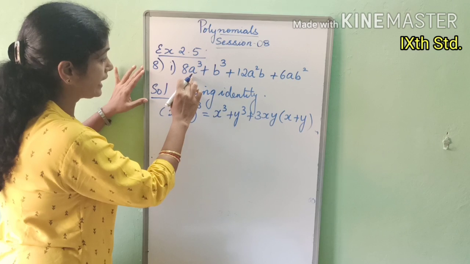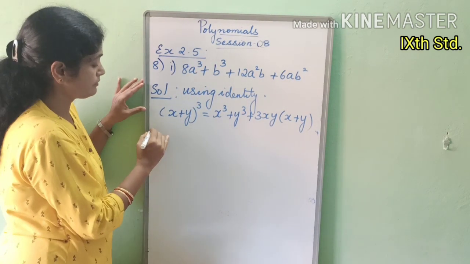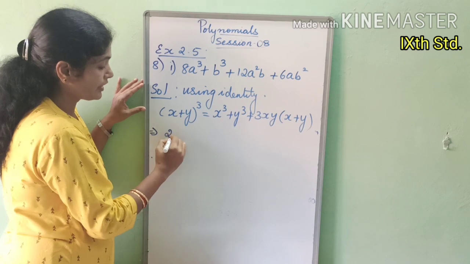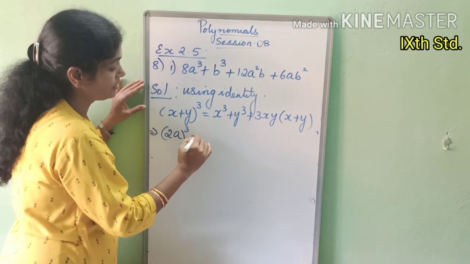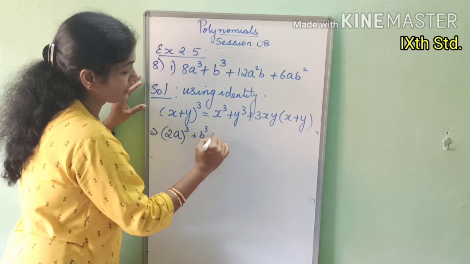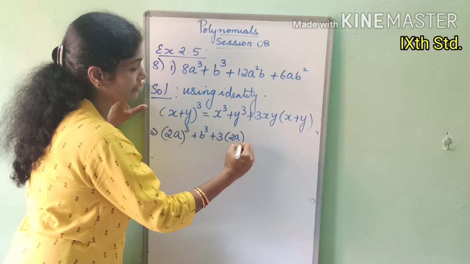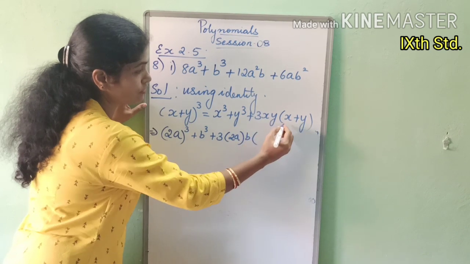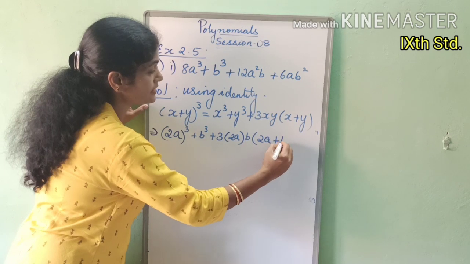So this 8a cube we can write as 2a whole cube plus b cube plus 3 into x into y into x plus y. X is 2a, y is b, and x plus y is 2a plus b.